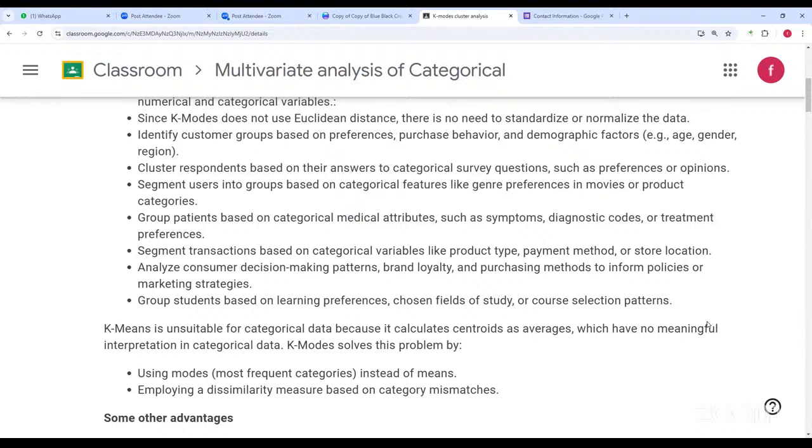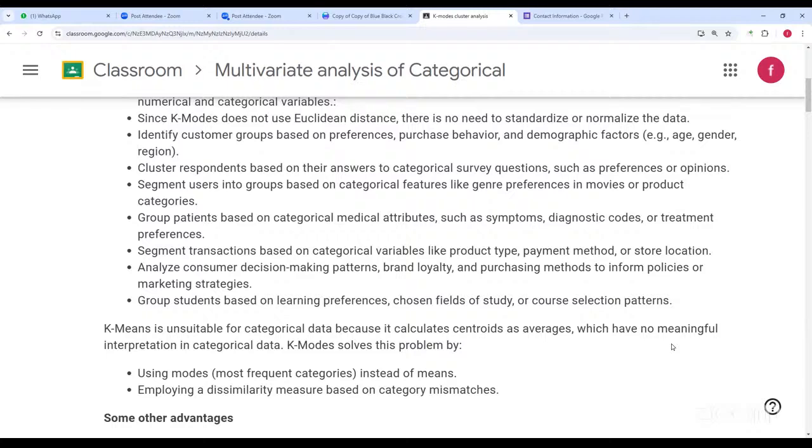Some other advantages. Scalability. K-modes is computationally efficient and can handle large data sets, provided the number of categories and clusters is reasonable. Interpretability. Cluster centroids or modes are easy to interpret as they represent the most frequent category for each attribute within the cluster.